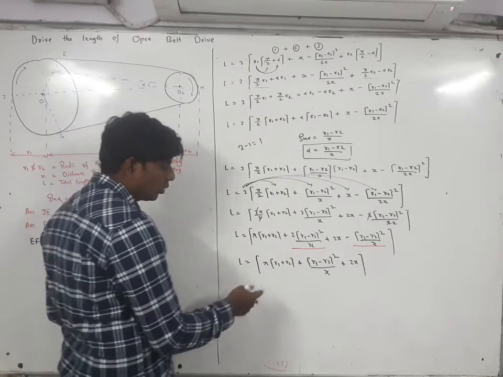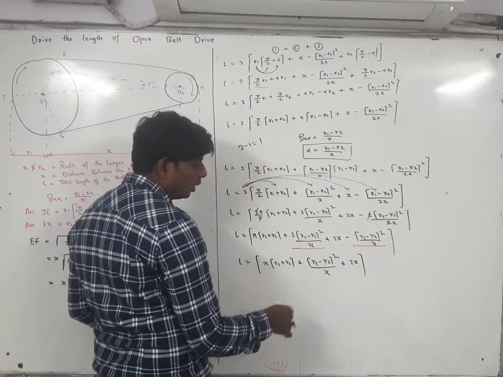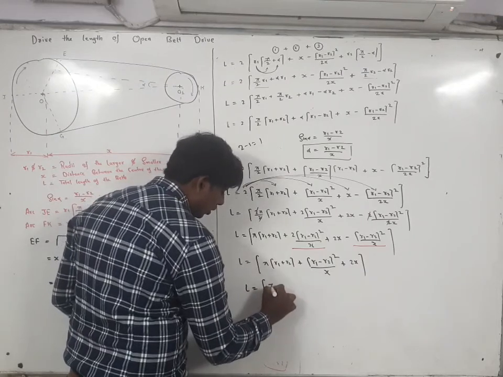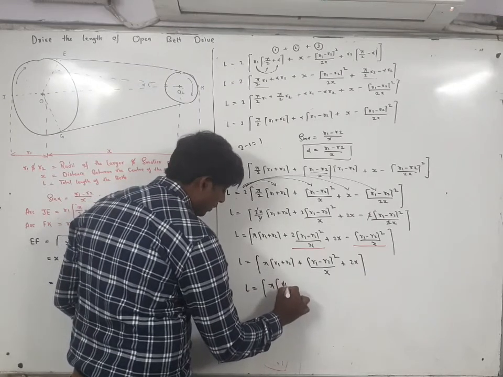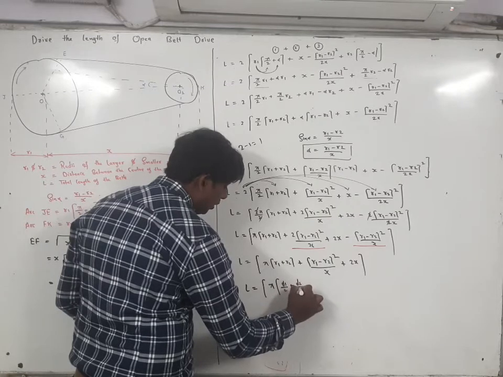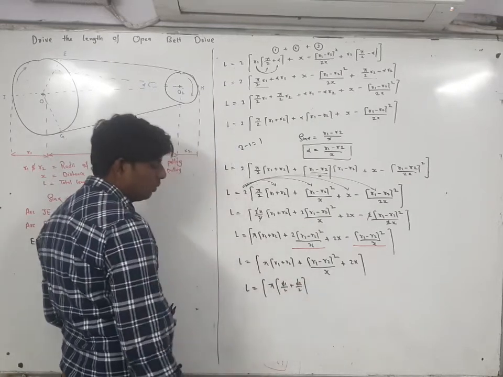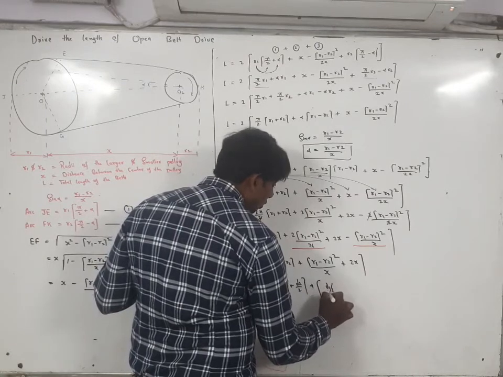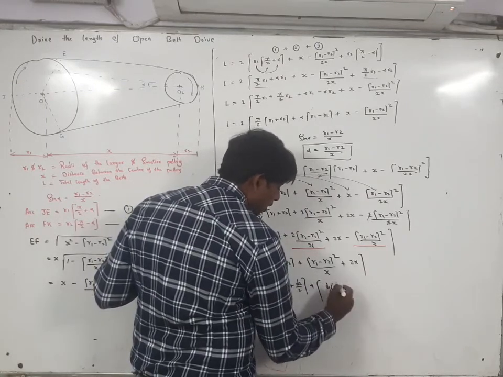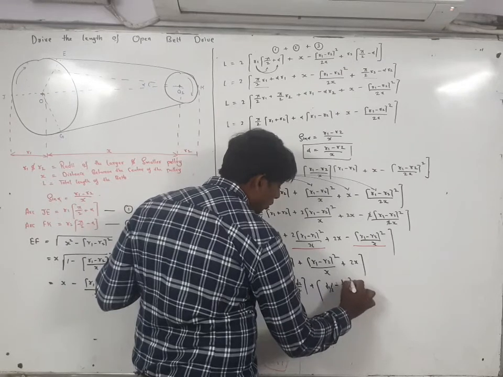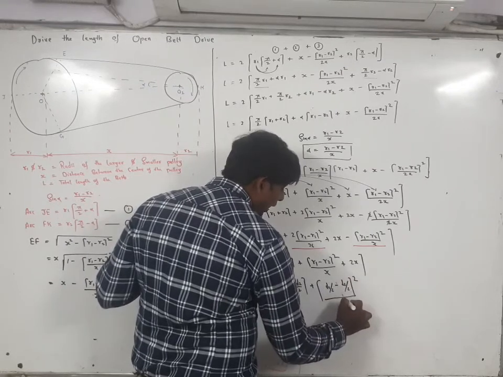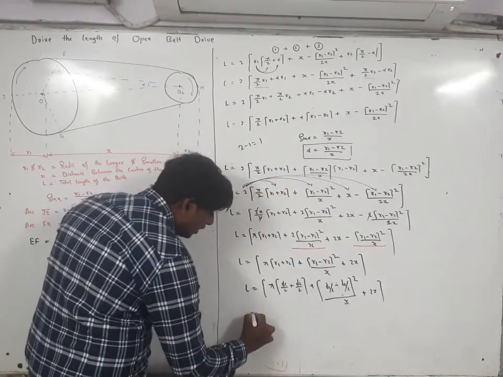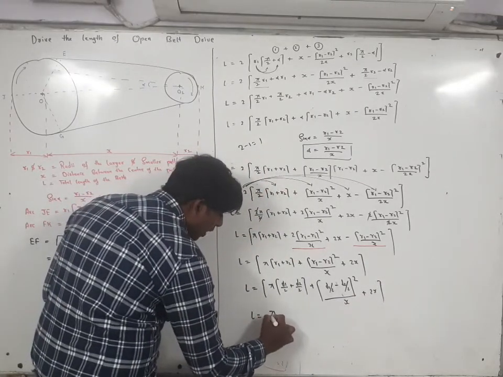This R1 and R2 can be converted into D1 and D2 also. How to convert this one? L is equal to pi. Here you can write D1 by 2 plus D2 by 2, then minus, here D1 by 2 minus D2 by 2 whole square by x, plus 2x as it is only. Then L is equal to pi by 2.